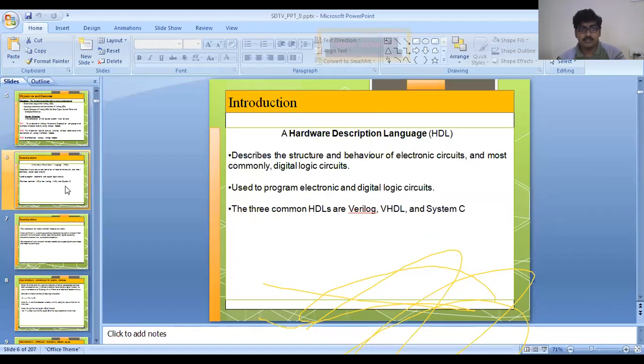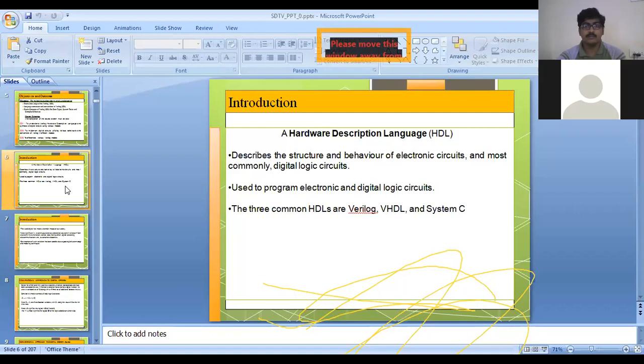It describes the structure and behavior of electronic circuits, most commonly digital logic circuits, and it is used to program electronic and digital logic circuits. Examples of hardware description languages are VHDL, that means very high speed integrated circuits hardware description language, Verilog HDL, and SystemC, which is also one among the commonly named hardware description languages.